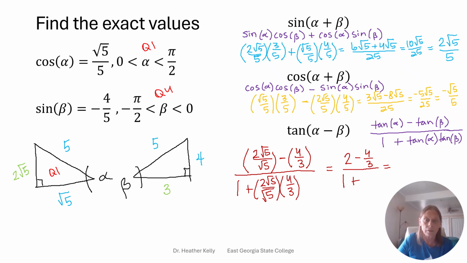1 plus, these guys cancel, and 2 times 4 is 8 over 3. Oh, it was fine, and I canceled it all. I got rid of all of it. Darn it. Okay, so this is 6 minus 4 over 3 divided by 3 plus 8 over 3.